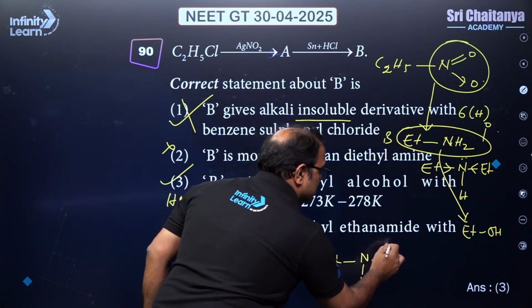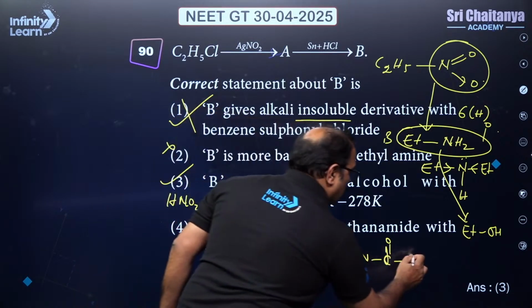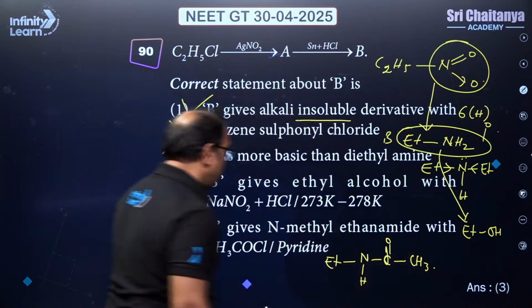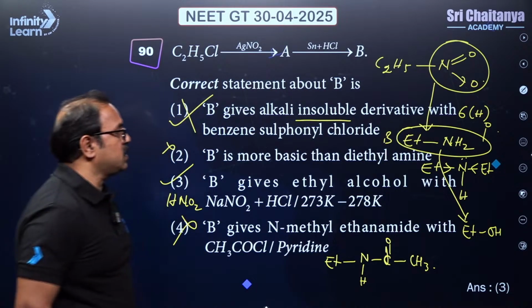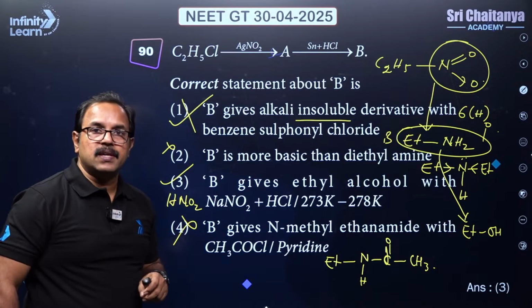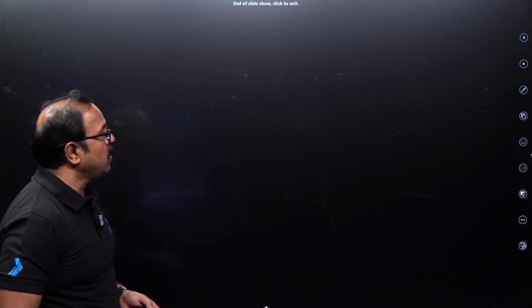The product formation is like this, but it is not N-methyl, it should be N-ethyl. So it is also an incorrect statement. So the correct statement in this case is the third one. This is the last one, and the correct answer in this case is 3.